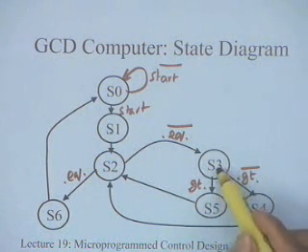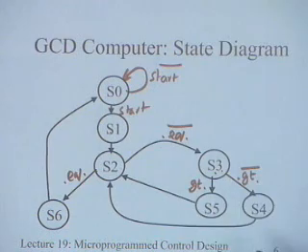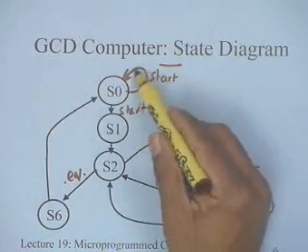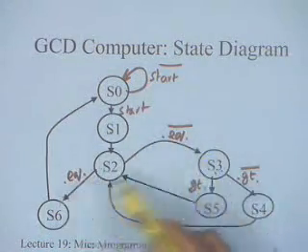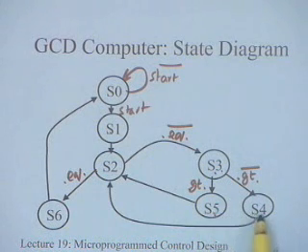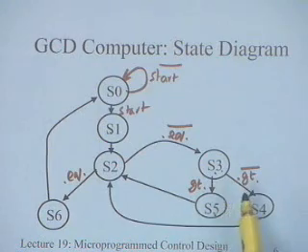Similarly, when you come to S3, if the condition is true, then I go to S5, else I go to S4. Please remember, there has to be compatibility here because I am only specifying one address. That's why I am testing start bar here, equal here, and greater here, and placing them accordingly. If I interchange S4 and S5, then I have to test the complement of greater than rather than greater than itself.